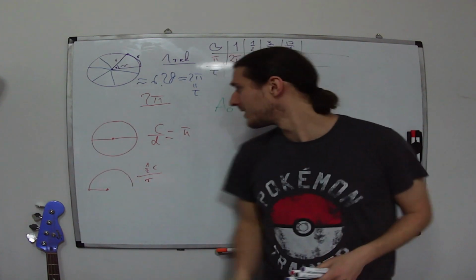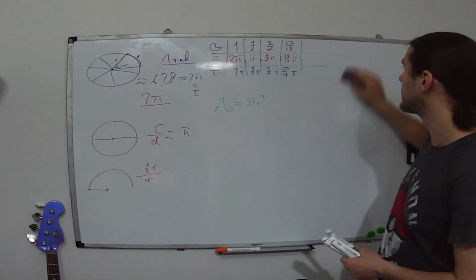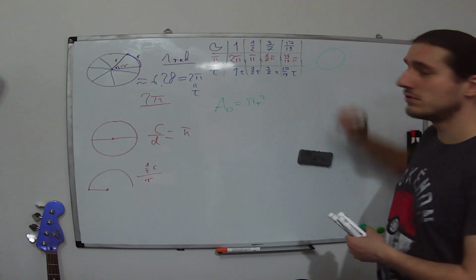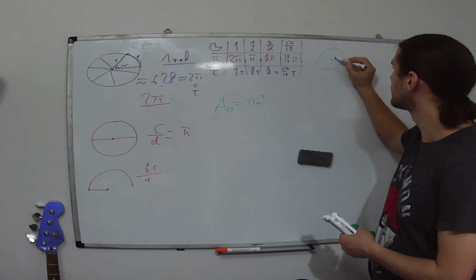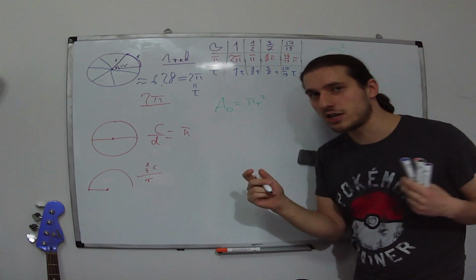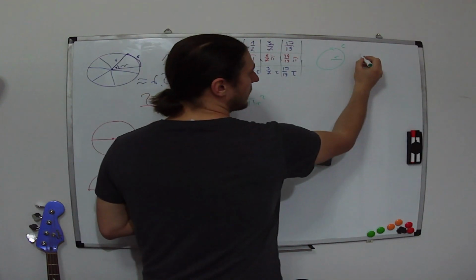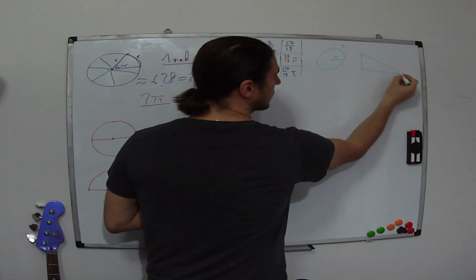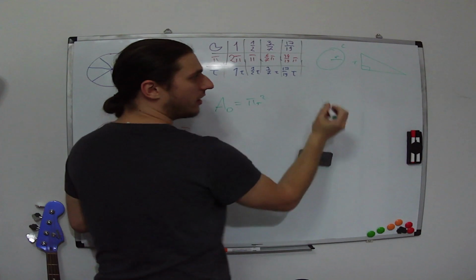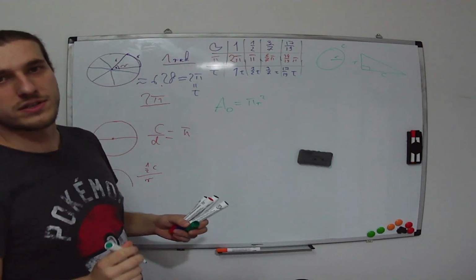The actual proof of this is that it was Archimedes, I think, that proved that the area of a circle with some radius r and some circumference c is equal to the area of a right-angled triangle with the height of r and the base equal to the circumference.